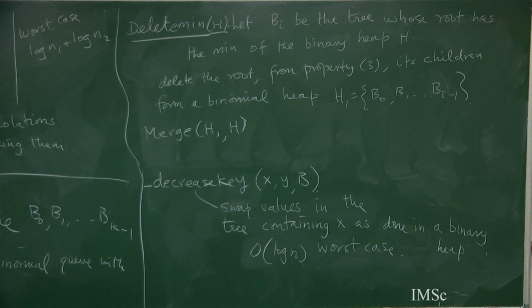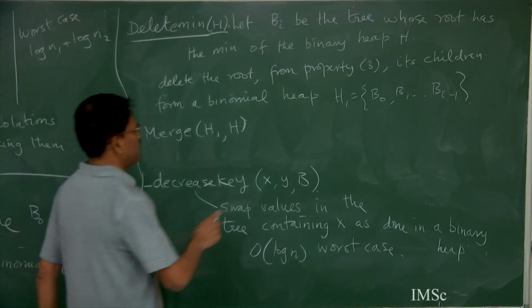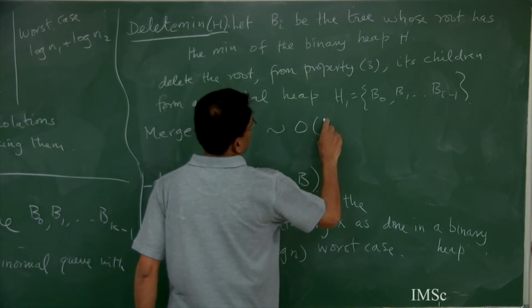And we have seen that this takes log n1 plus log n2. I is at most log n, so number of children is at most log n minus 1, and you have to find their roots, find the min, so all that. I'm going to just say order log.